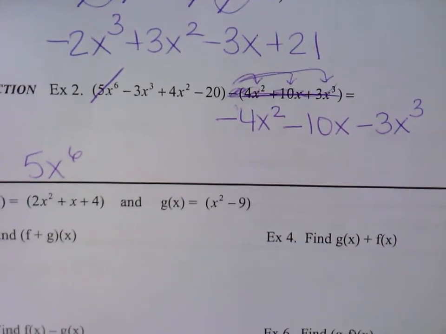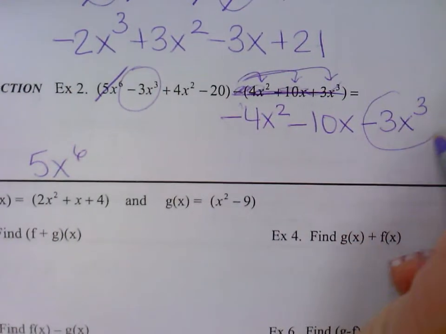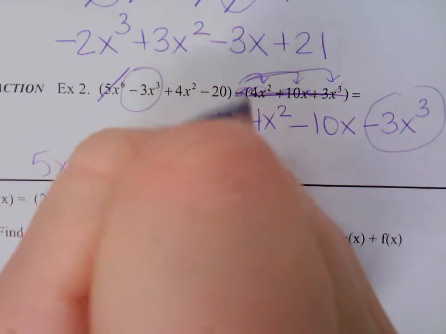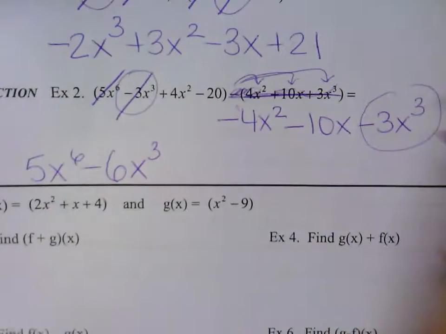All right, what's my next highest? It looks like the x cubed term here and the x cubed term here. If you have -3 of something and you subtract another 3 of something, now you're at -6. So I have -6x cubed. Cross out, cross out.